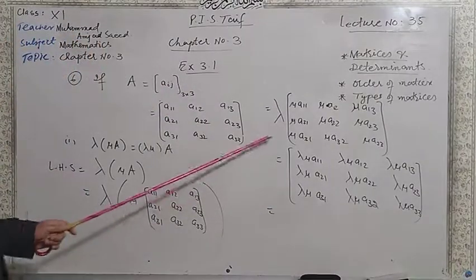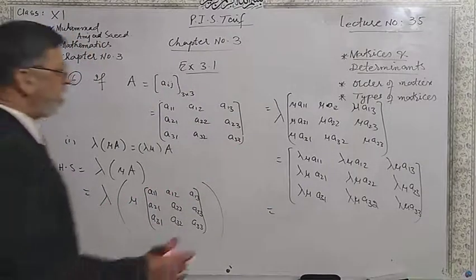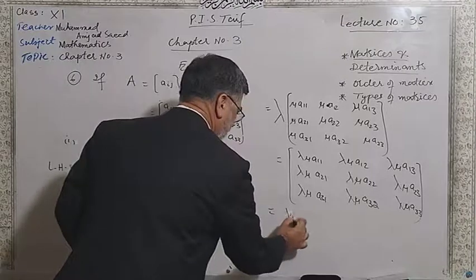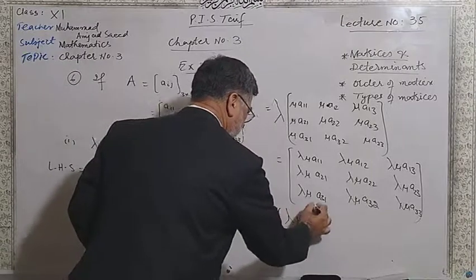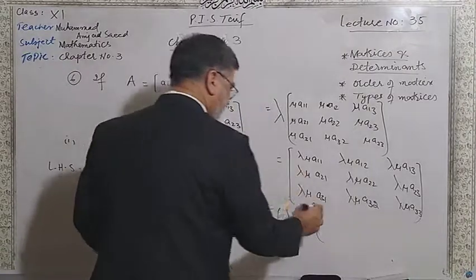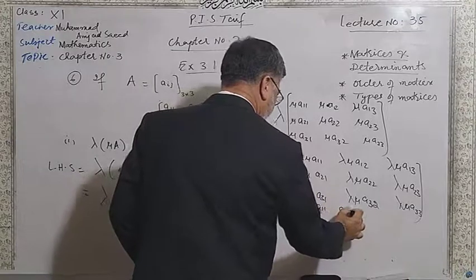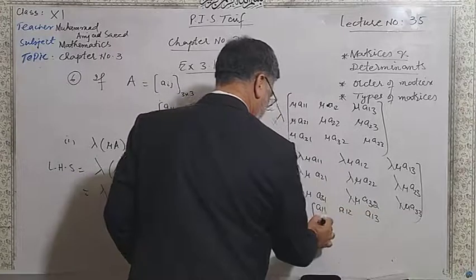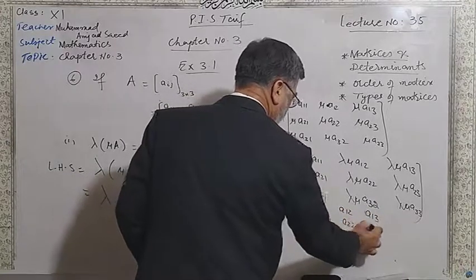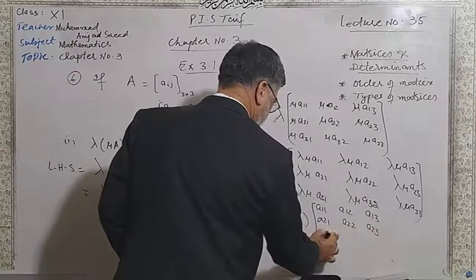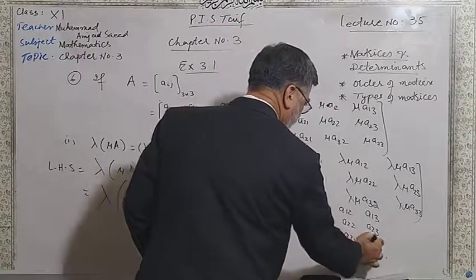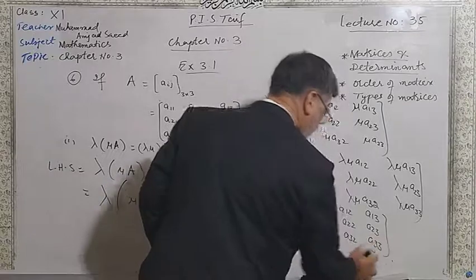Now from the matrix, take lambda mu common. And we are left with A11, A12, A13, A21, A22, A23, A31, A32, A33 inside.